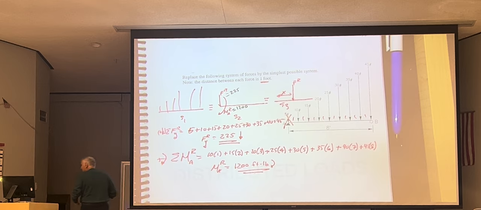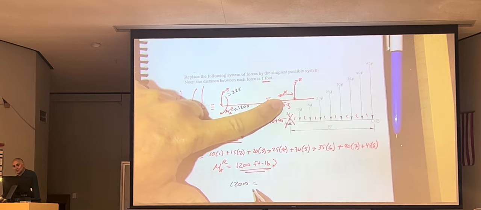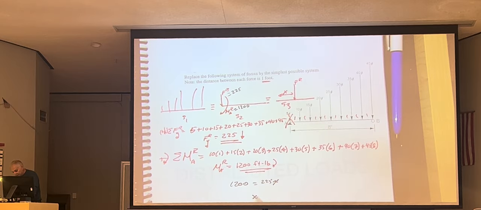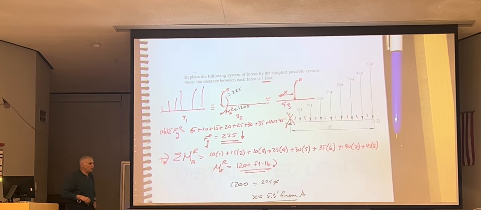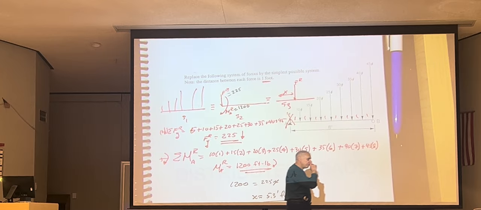What are the moments in system 2? 1200. What's the moment in system 3? 225 times x. X is equal to 5.3 feet from A. Done. You just located the force to generate equivalence between all three systems.